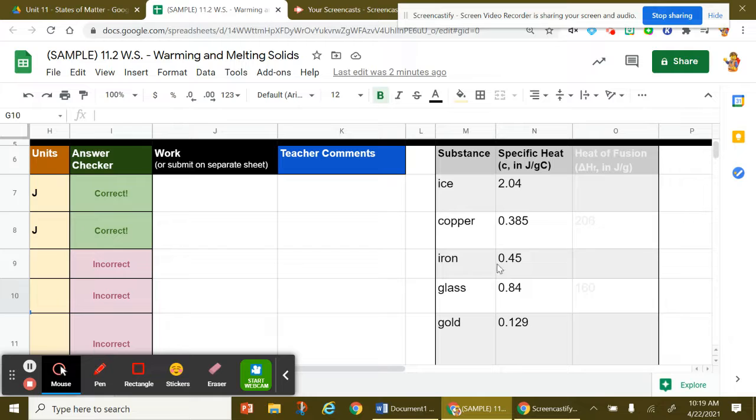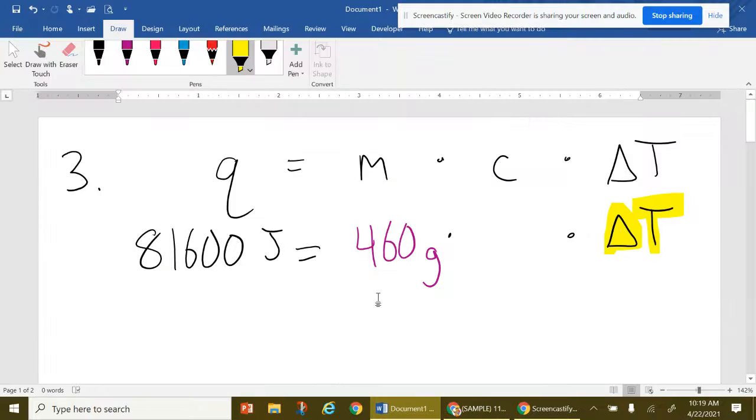And so I'm going to go over here and I'm going to look. Copper has a specific heat of 0.385 joules per gram degree Celsius. Okay.